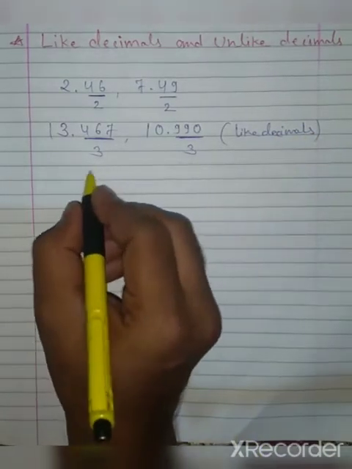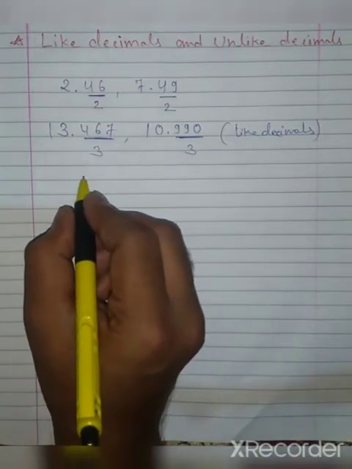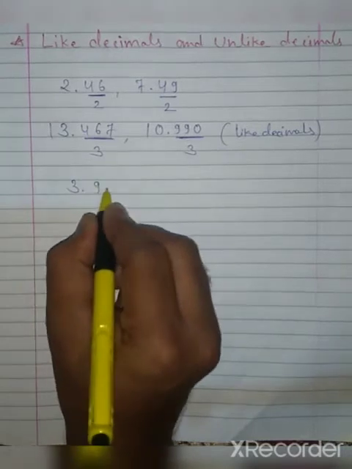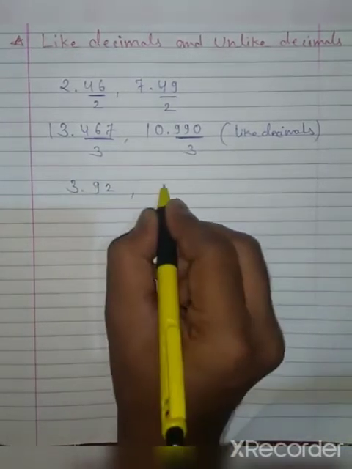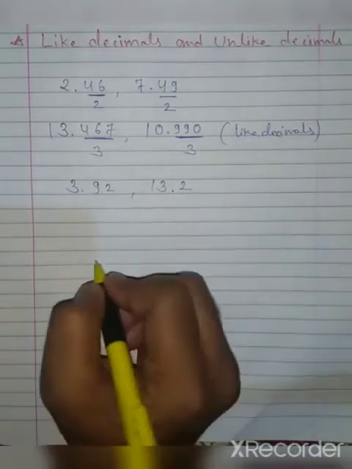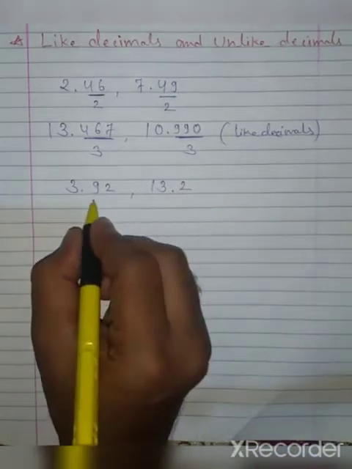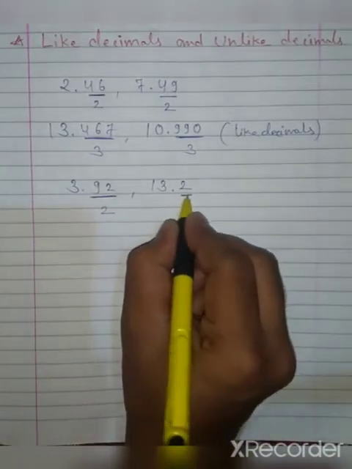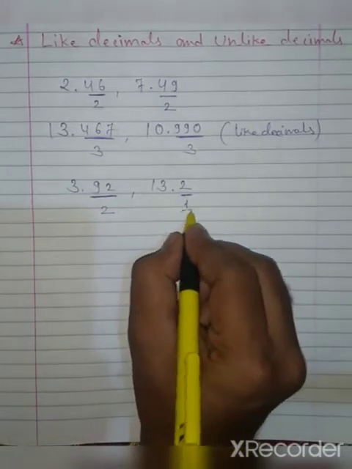And for unlike decimals, it's very simple to identify them. 3.92 and 13.2. Here we will compare the decimal places. Here the decimal places are 2, and here there is only a single decimal place, 1.